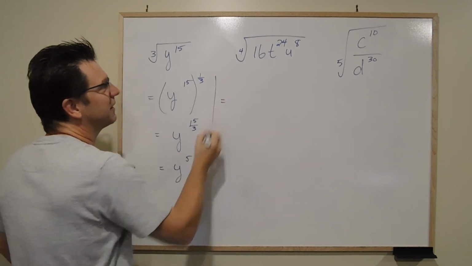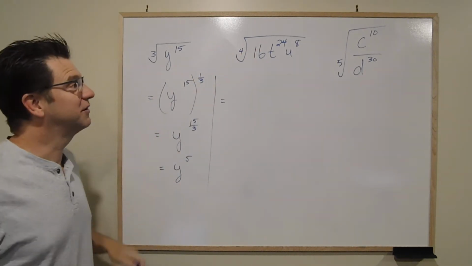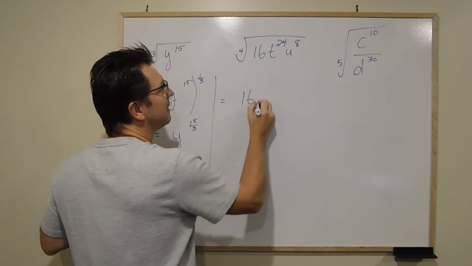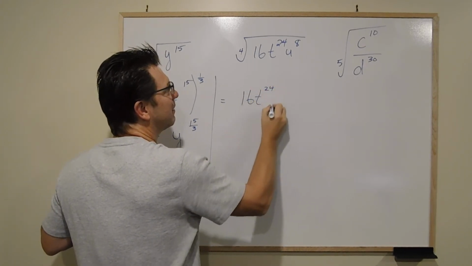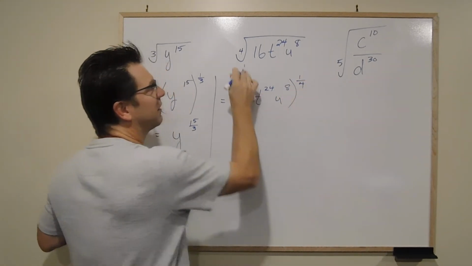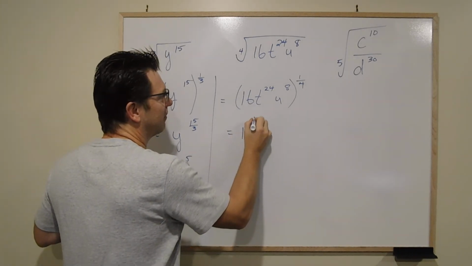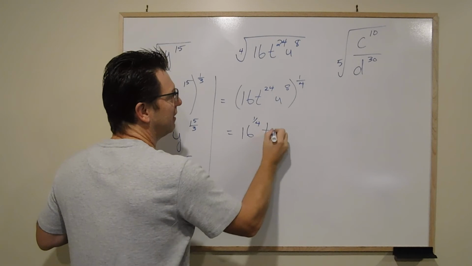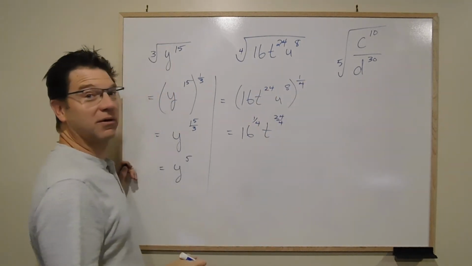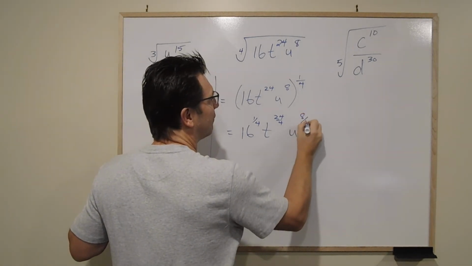It's a little more complicated, and I can break it into 3 groups of roots, and you'll see that on the slide. Or I can go directly 16 t to the 24, u to the 8 to the 1/4, because of that index. So that is 16 to the 1/4, t to the 24 over 4, because 24 times 1/4 is 24 over 4, and u to the 8 over 4.